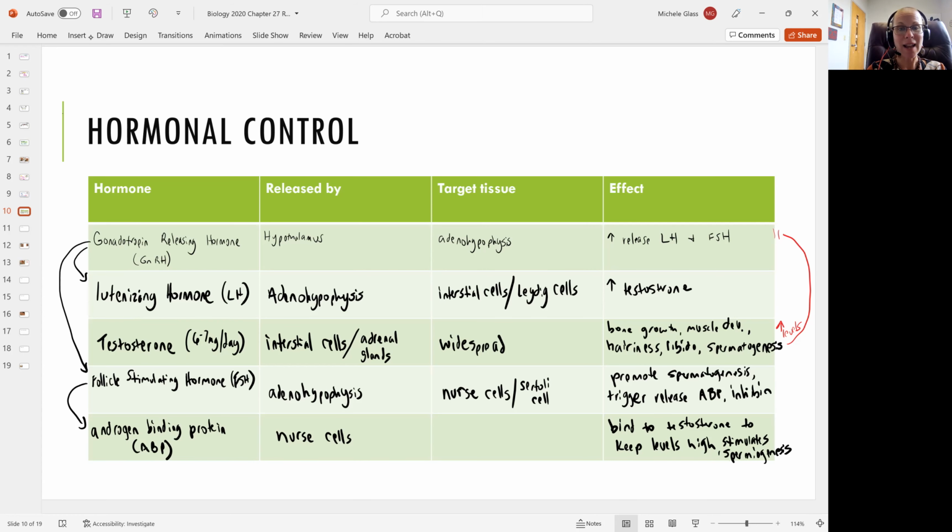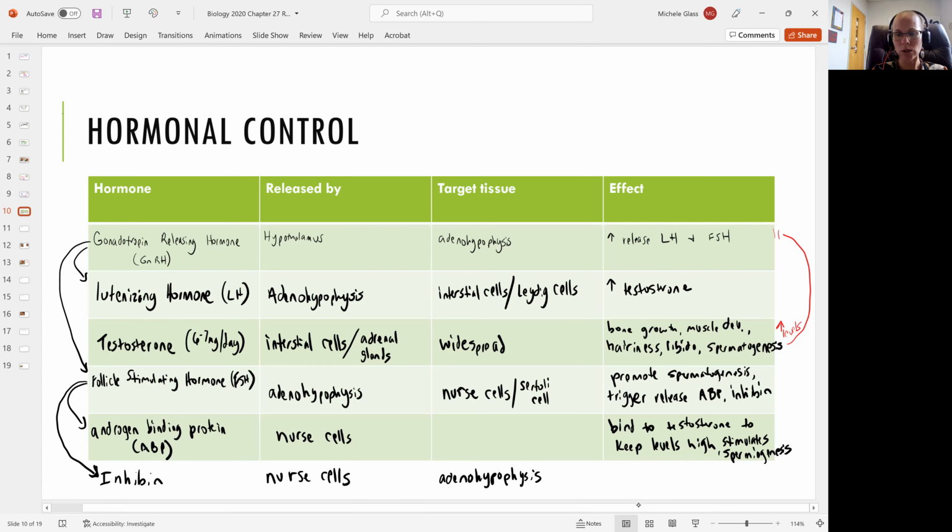And I have one more to add. So I didn't give myself enough rows, so give yourself an extra row here. We're going to add inhibin, which we saw was coming as a result of the follicle stimulating hormone. And the inhibin we see is released by the nurse cells. And we see that the inhibin is going to target the adenohypophysis.